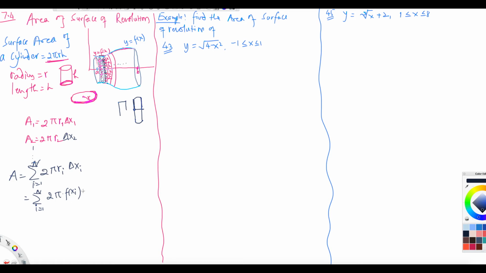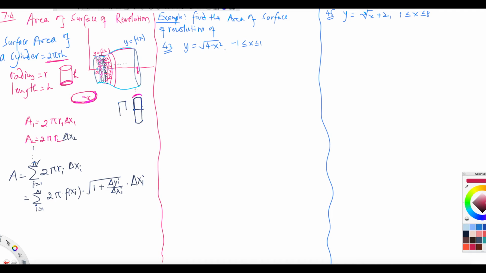F of xi times delta xi will be the same as we did, like the square root of 1 plus delta yi over delta xi squared times delta xi. That is the arc length of the tiny disc surface, or you say the thickness.